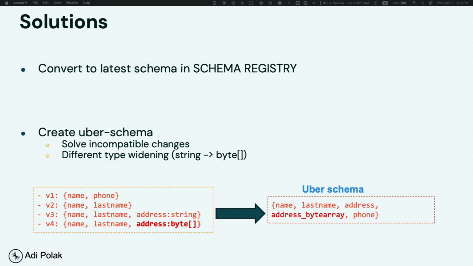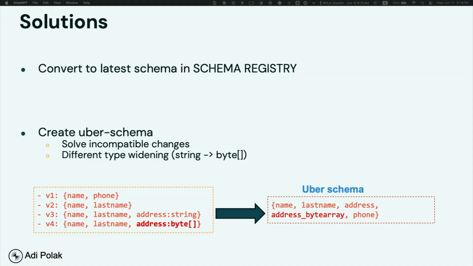The second option that we can do is to create an Uber schema. Uber schema means that I'm capturing, it's a huge schema at the end of the day, because I'm capturing all the different permutations of the data and all the different changes. Here in Uber schema, I don't delete. So for example, if I have in my Kafka topics V1, V2, V3, V4 of the same data, I'm not going to delete any one of these potential columns.